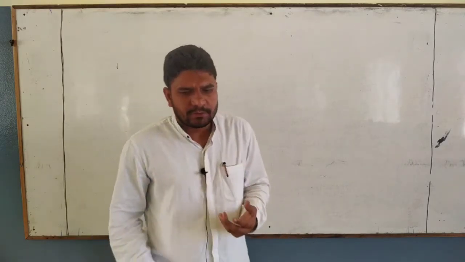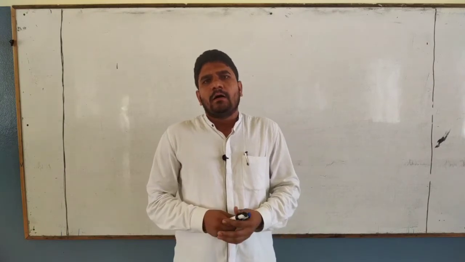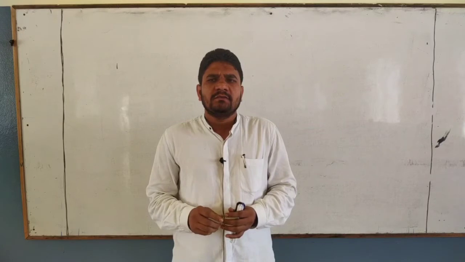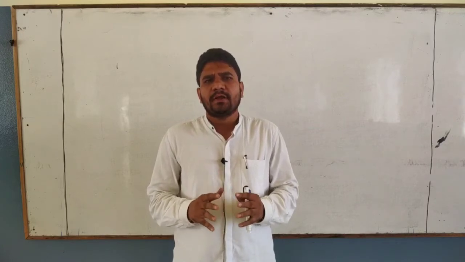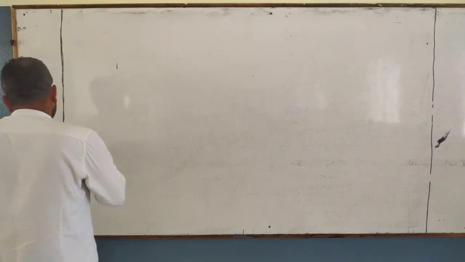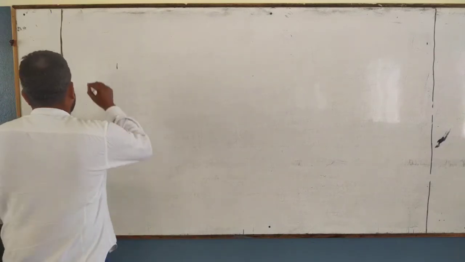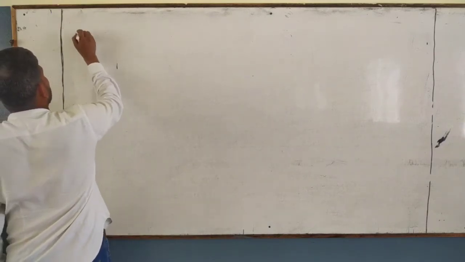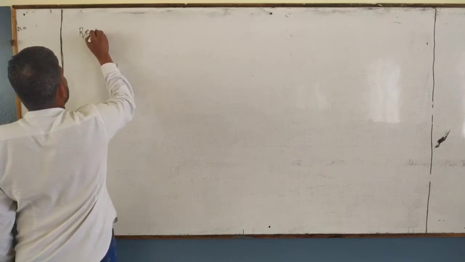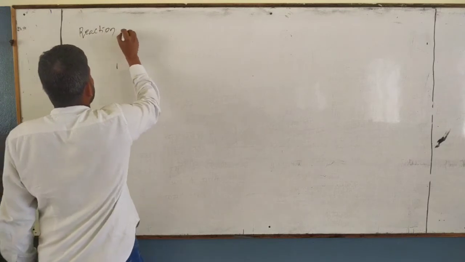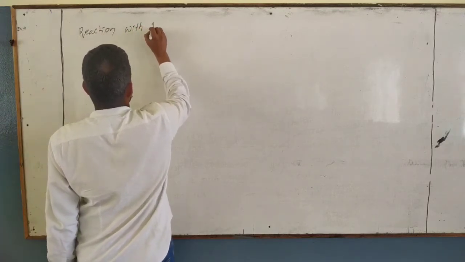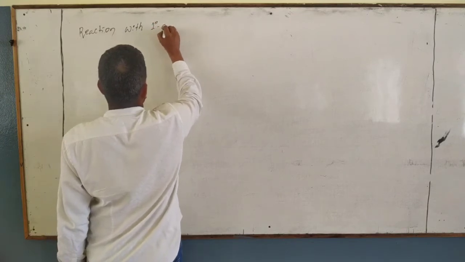Today we will continue with chemical properties of aldehydes and ketones. In this class we will look at the remaining chemical properties. Now the first one is the reaction with a primary amine.